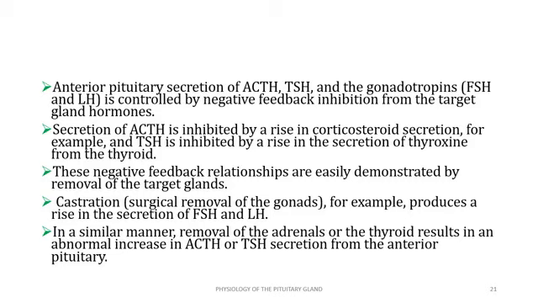Anterior pituitary secretion, for example, adrenocorticotropin, thyroid stimulating hormone and gonadotropin hormone, are controlled by negative feedback inhibition from their target hormone. That means the anterior pituitary will produce a hormone, for example, thyroid stimulating hormone. Once the thyroid stimulating hormone is produced, it will stimulate the thyroid gland to produce thyroxine hormone.